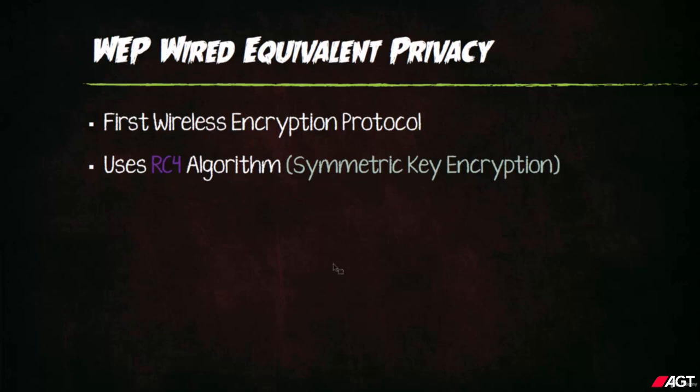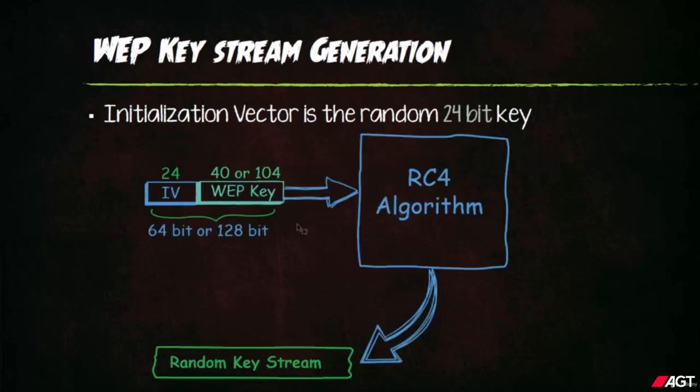So we will see how this algorithm works. It contains a password, which is the WEP key. The password could be 40 or 104 bits in length. We combine this WEP key with an initialization vector, which could be any random 24-bit value. By combining these two, we get either a 64-bit or a 128-bit key value.